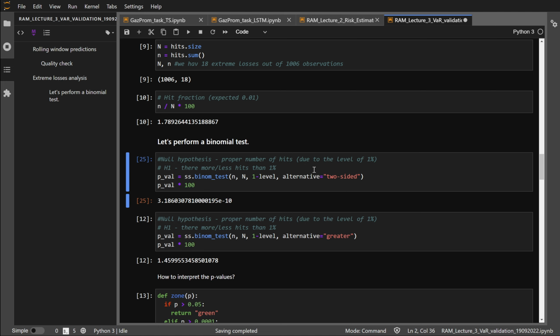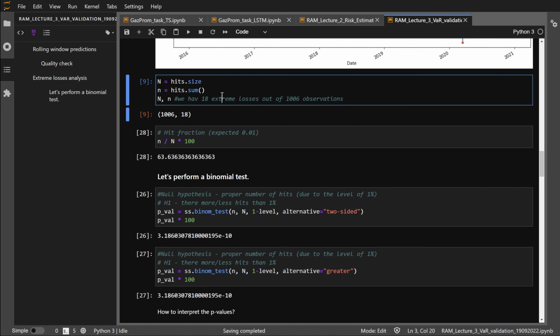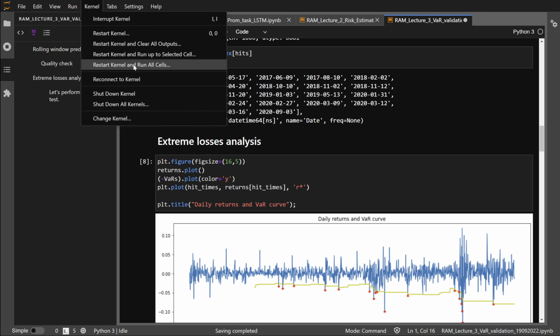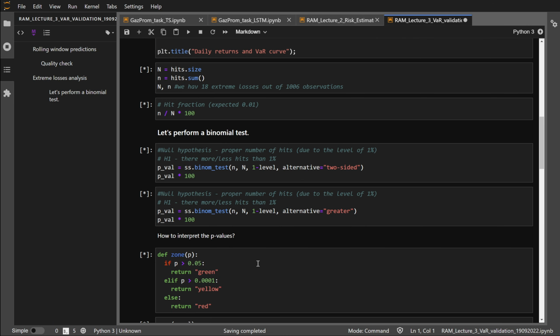But what I actually care about when I estimate value at risk is that I'm afraid the actual probability of hitting VAR is greater than 1%. Because this case means that my model underestimates actual risks, and the confidence level this model gives me is actually less than the target one.